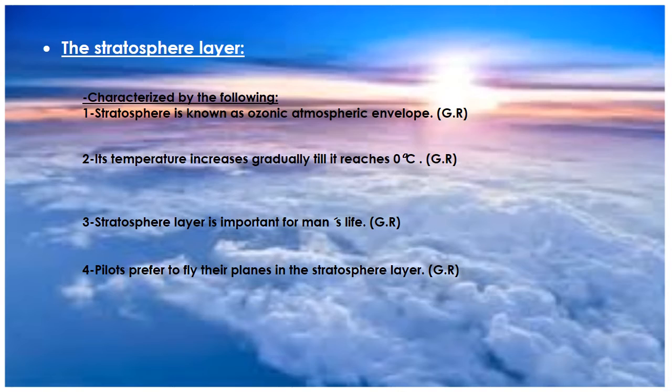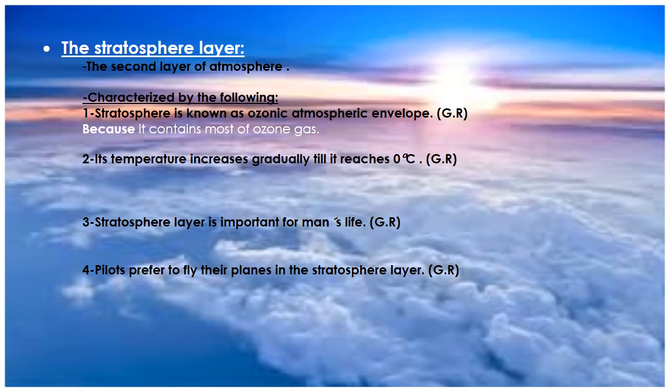Number 2, the stratosphere layer. It's the second layer of the atmosphere. It's characterized by the following. The stratosphere is known as the ozonic atmospheric envelope because it contains most of the ozone gas, O3. Its temperature increases gradually till it reaches 0.